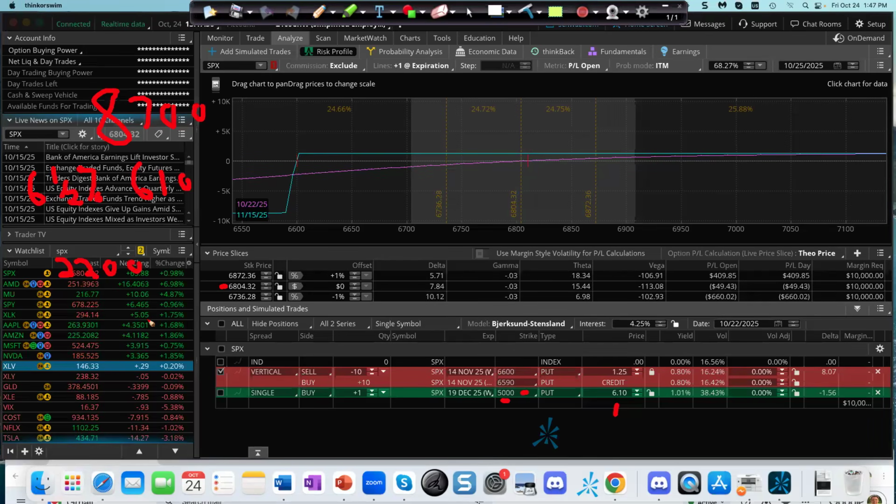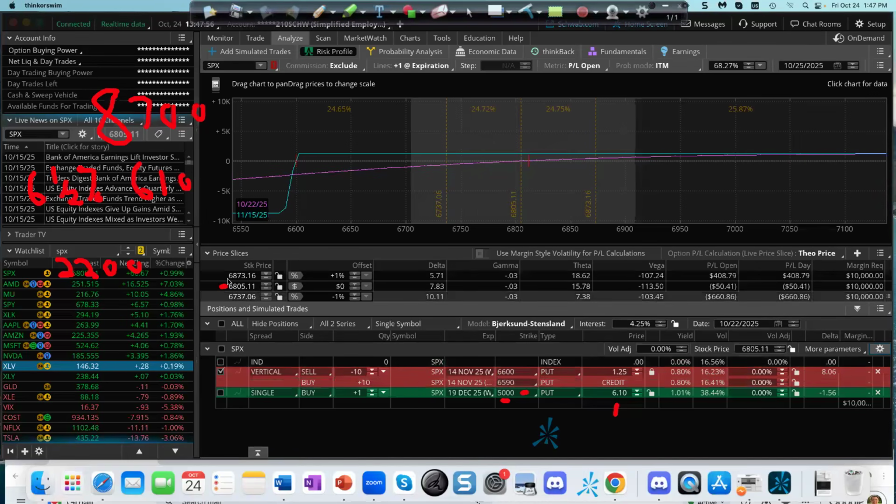Anybody take a stab? How much would volatility rise? Anybody? 20 would be a little aggressive, but with VIX at 16 right now, if we went down 200 points, I would say at least maybe 6 points.